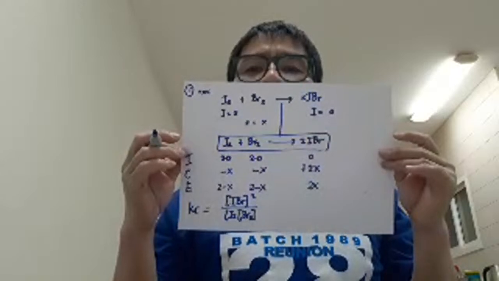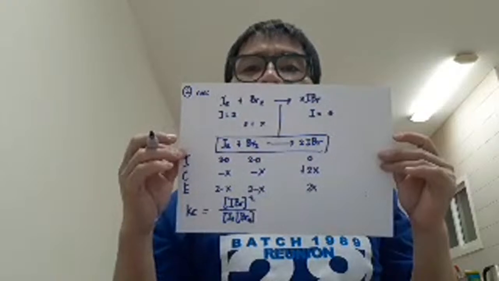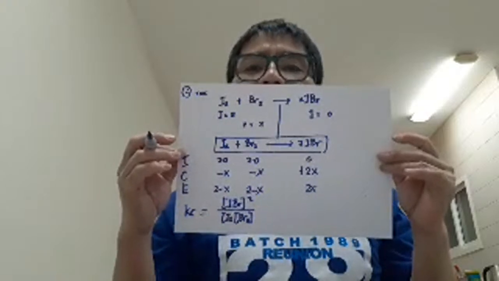Now substitute the equilibrium concentrations, those involving X. Substitute that immediately. Our Kc also is given, so don't you worry, so we can solve it. So Kc is 100.